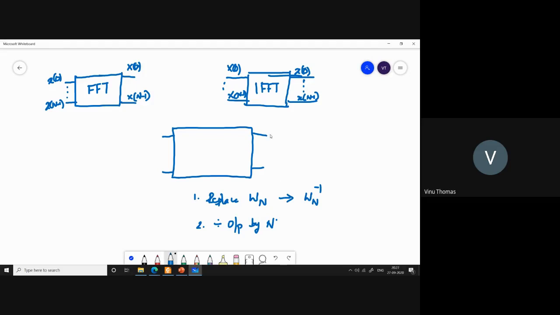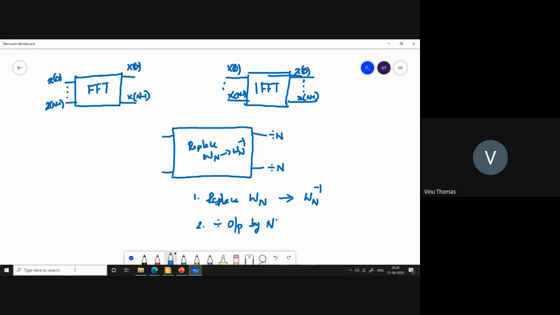So here, in every output line I will divide by n. Within this structure I will replace Wn by Wn raised to minus 1.